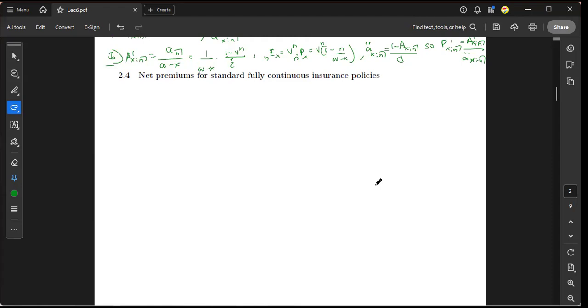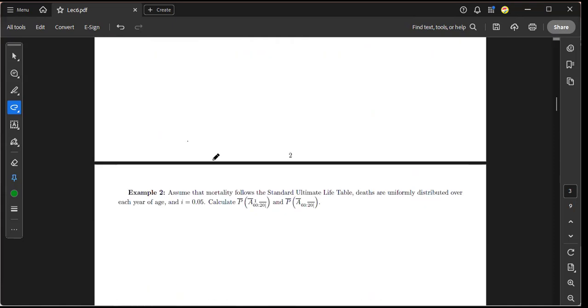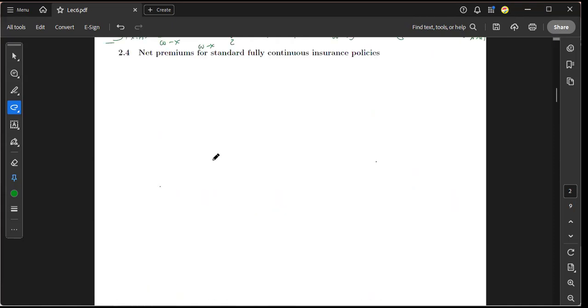So now we can write down the net premiums for standard fully continuous insurance policies. It has the same definition, but I'll discuss a few cases.